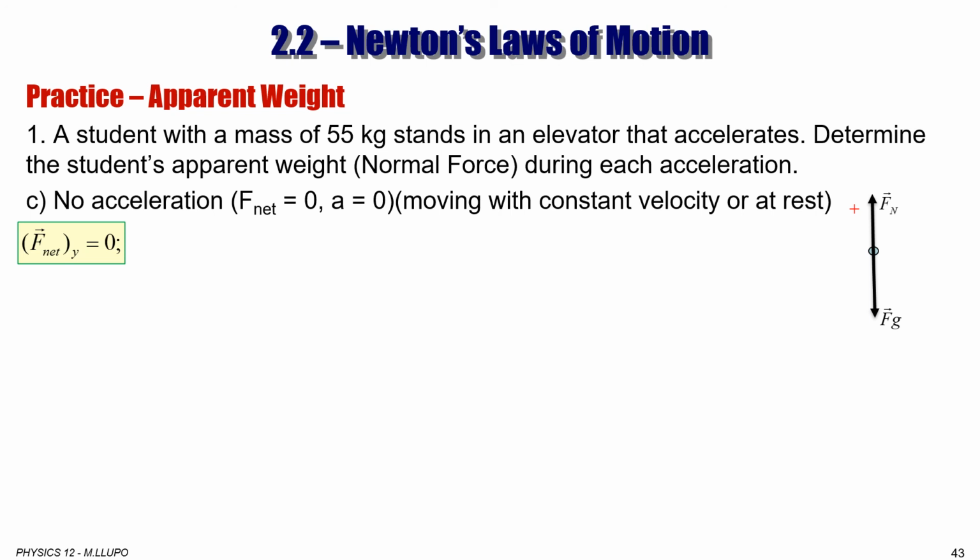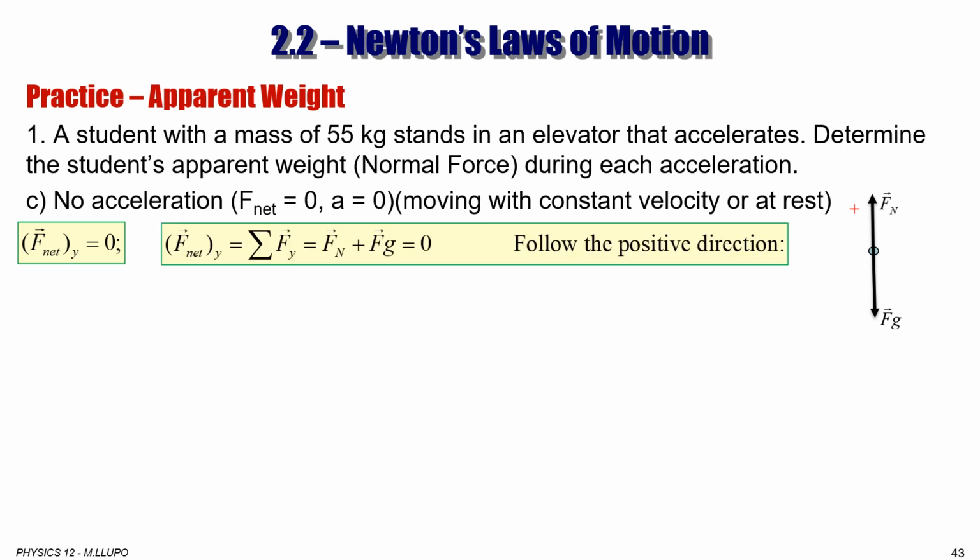Then we follow the positive direction, even in the first Newton law. So if we follow the same steps, we will never make a mistake. So Fn is positive, Fg is negative, is equal to 0. So then we move Fg to the other side of the equation, and it becomes positive. And we know that Fg is equal to mg, and we have m and we have g.